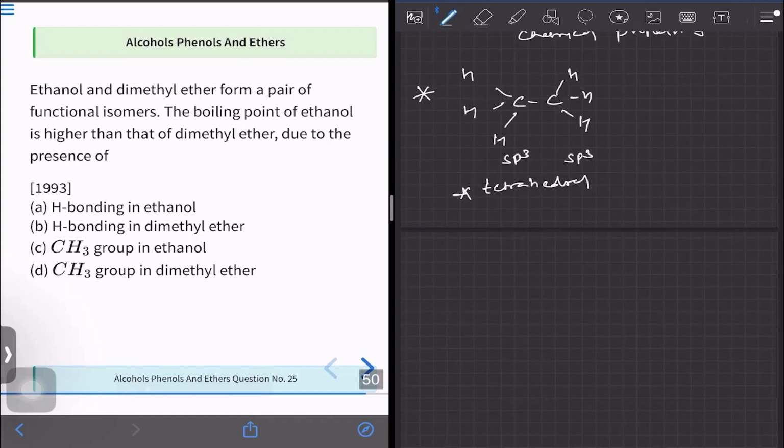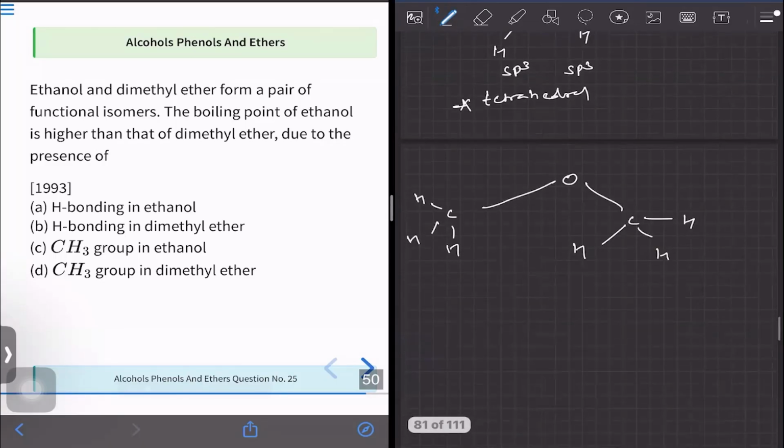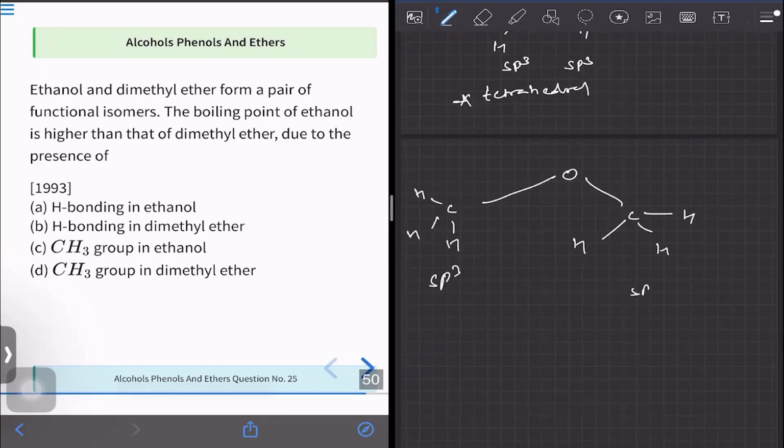In the case of CH3OCH3, here also the carbon is sp3. What is the normal shape in case of sp3? That is tetrahedral. The angle should be 109 degrees 28 minutes.